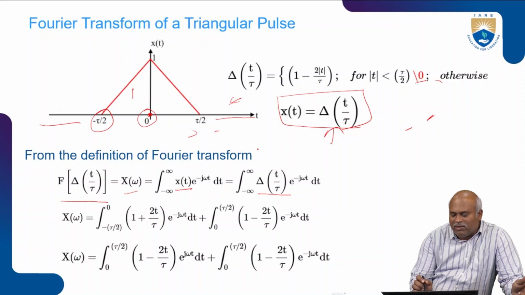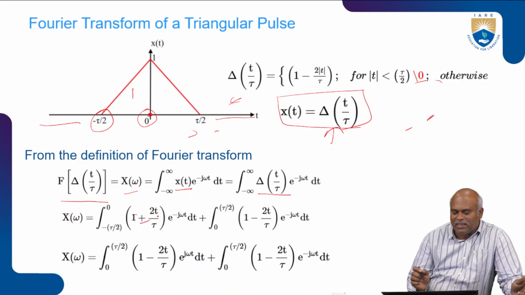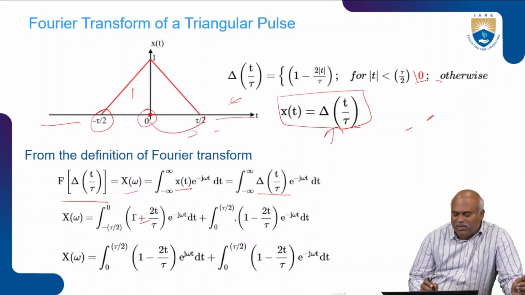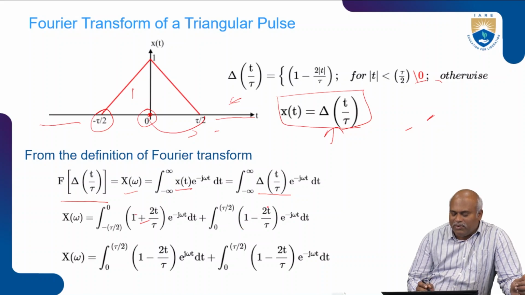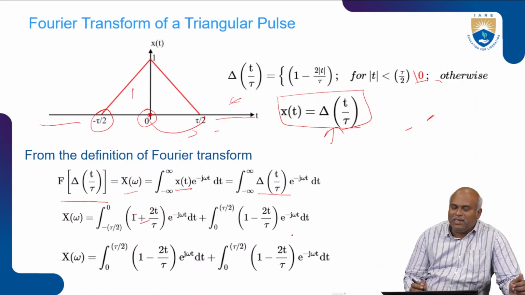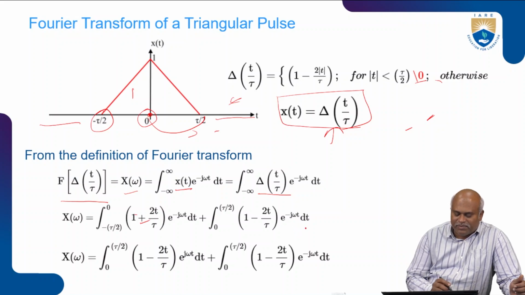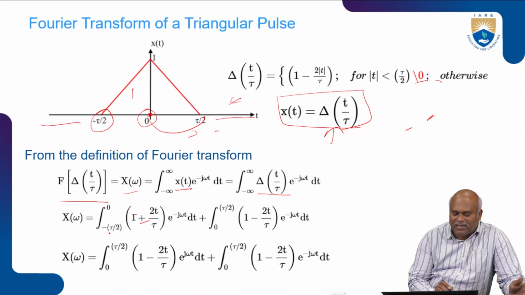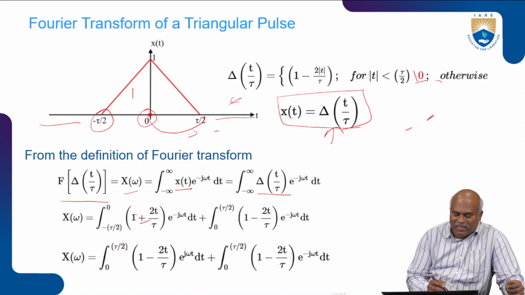Already it has a minus, which represents plus, so we get 1 plus 2t by tau e power minus j omega t dt, plus for this duration the integral from 0 to tau by 2 of 1 minus 2t divided by tau e power minus j omega t dt. Then after that we can simplify the sequence. So this is minus tau by 2 to 0, and I make the reverse, that is 0 to plus tau by 2.